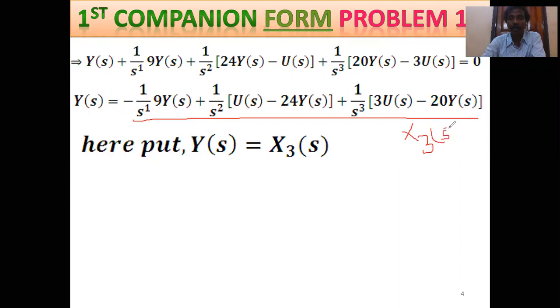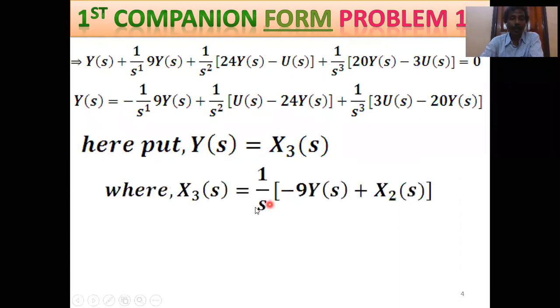So first condition, put Y(s) equals X3(s). Then X3(s) equals what? 1 by s common, in this position also 1 by s common, so 1 by s common. Then this is minus 9 Y(s), so write down minus 9 Y(s).